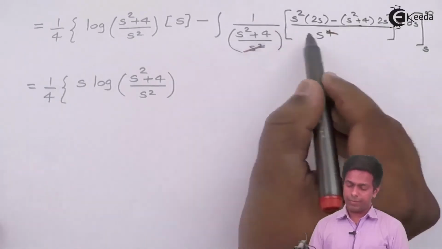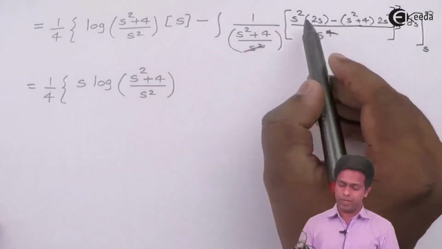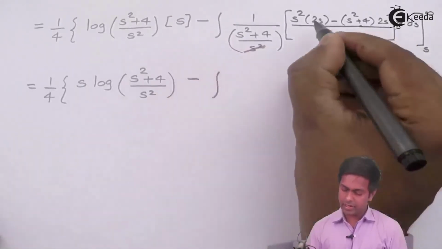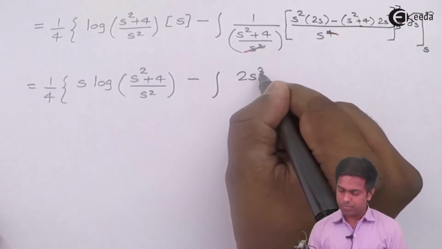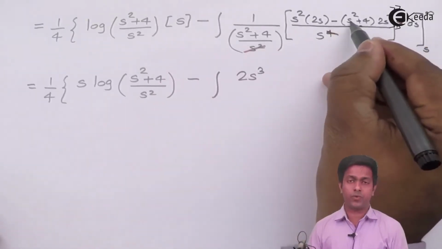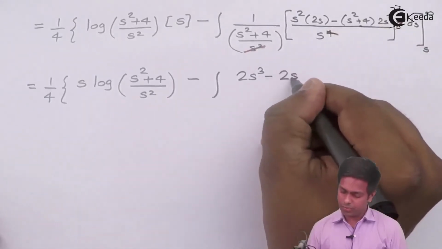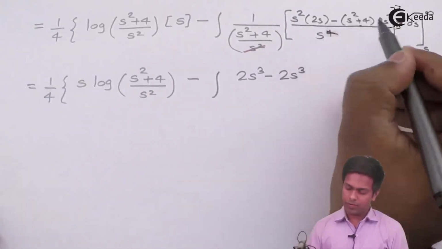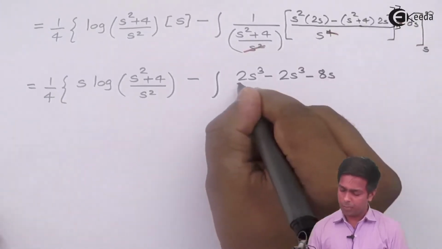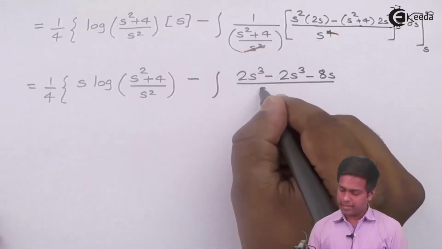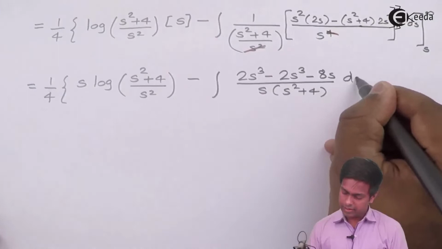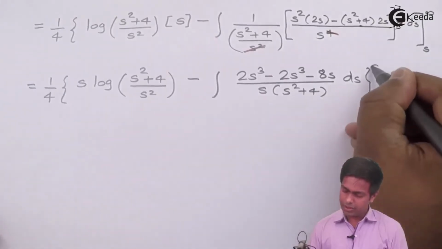Okay, now let's see the numerator. So here we will get negative inside the integration 2s cube. This is minus of 2s into s square, that is again 2s cube, and minus of 2s into 4, that is minus 8s, upon s into (s square plus 4) ds, and this is from s to infinity.